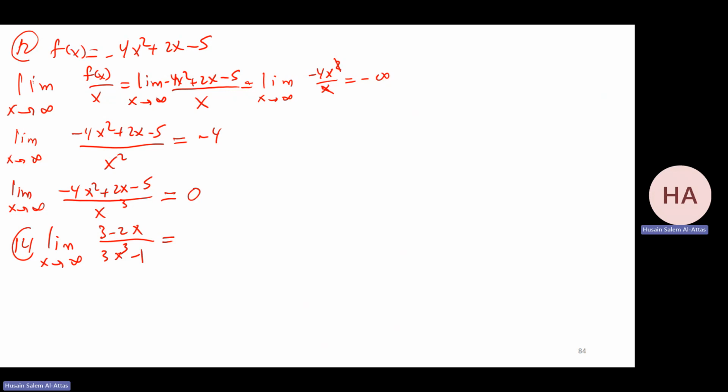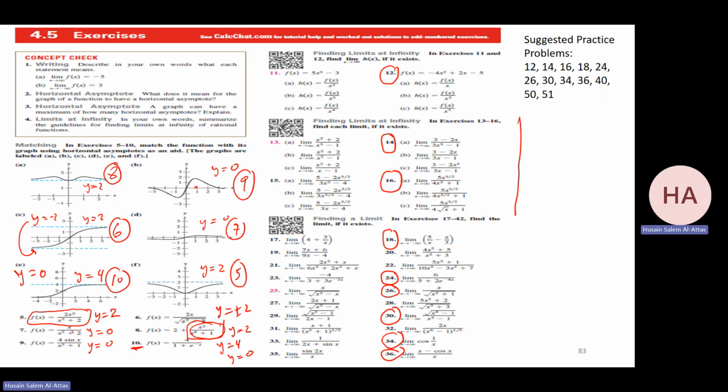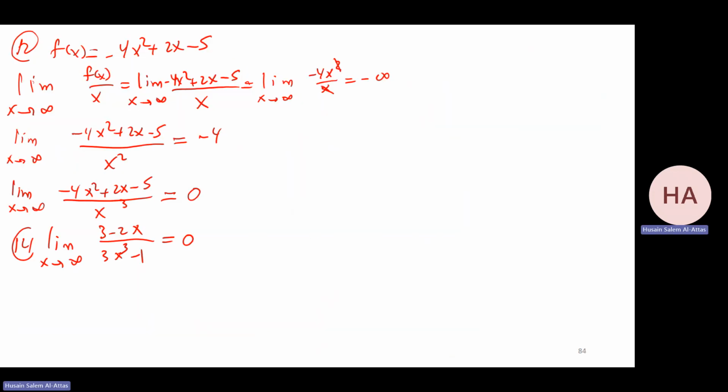Degree 1 over degree 3, that is 0. It has different parts, A, B, C, so we'll do all of these parts. B, limit as x goes to infinity, same idea, 3 minus 2x over 3x minus 1. And that will be what? Same degree, so it's minus 2 over 3.